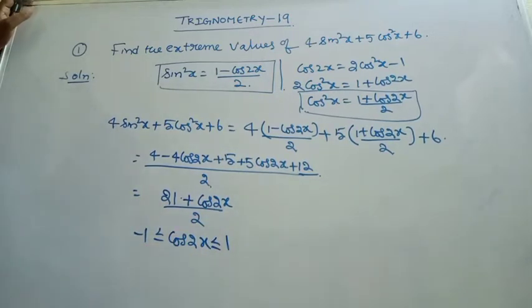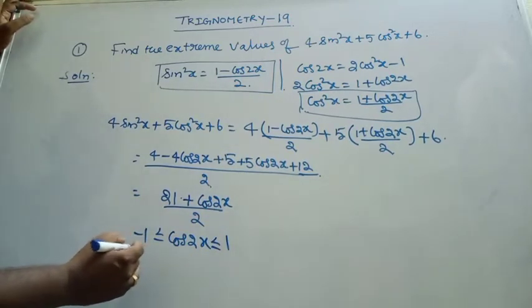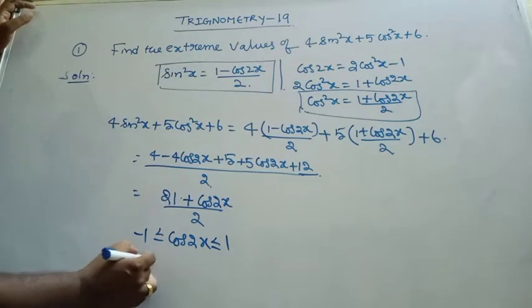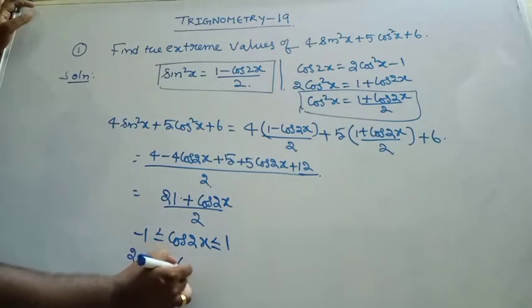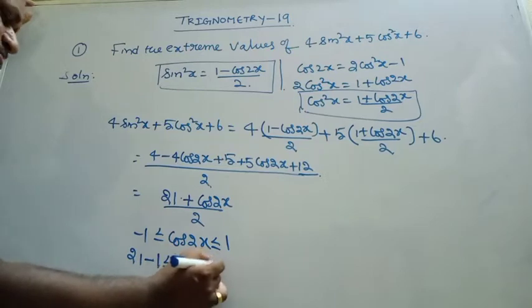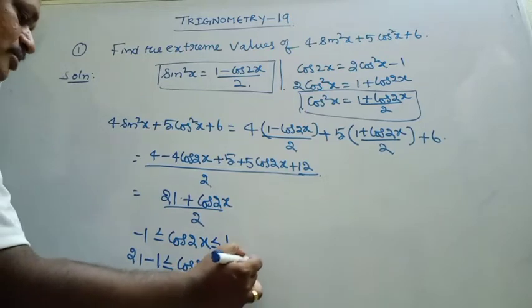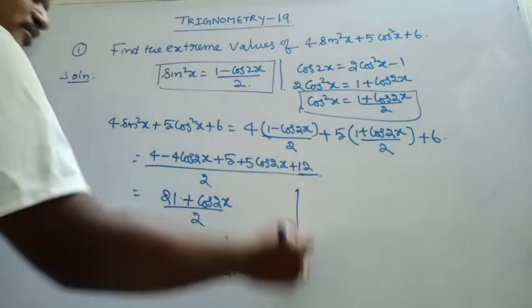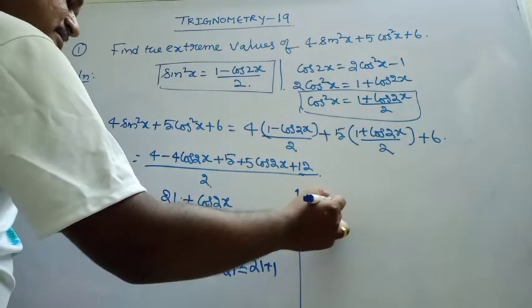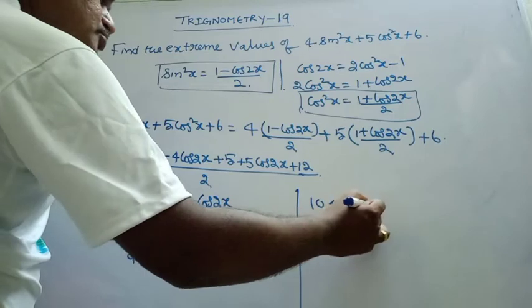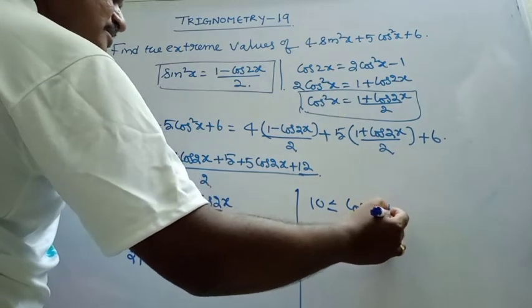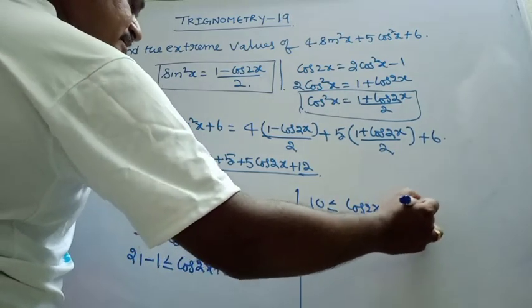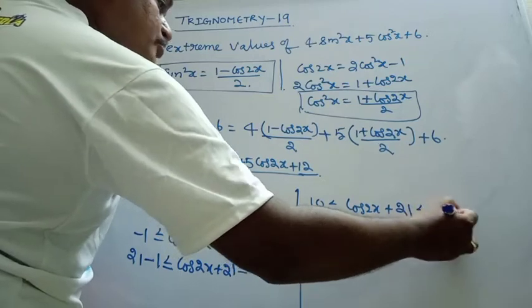Adding 21 to that, 21 minus 1 is less than or equal to cos 2x plus 21, which is less than or equal to 21 plus 1, that is 22.